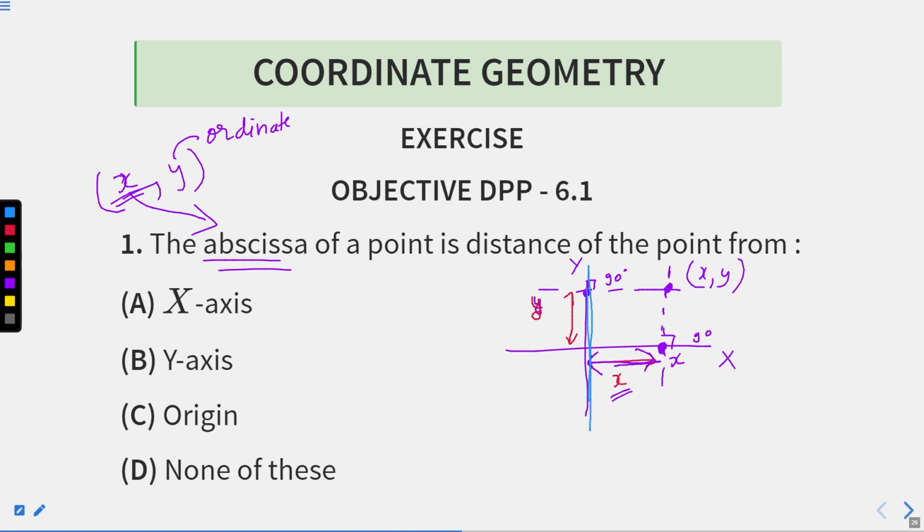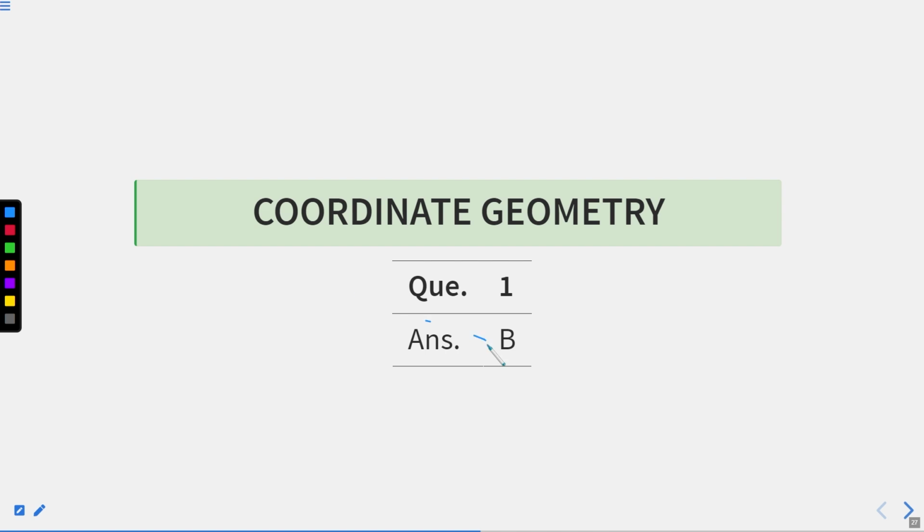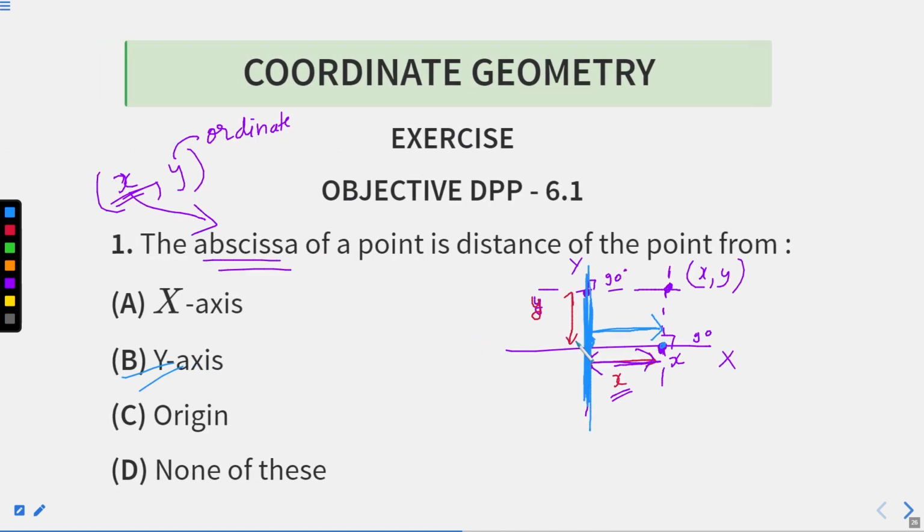If you see, here is our y-axis, and if we are on the y-axis and move to this side exactly x distance, we can get to the point. Okay, so the answer is y-axis. So the answer is B, the y-axis.